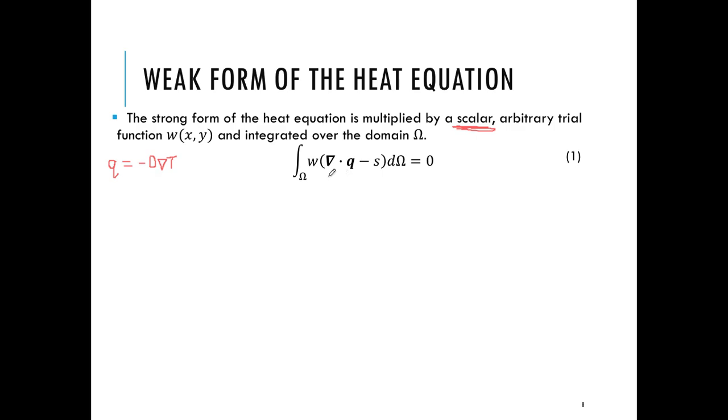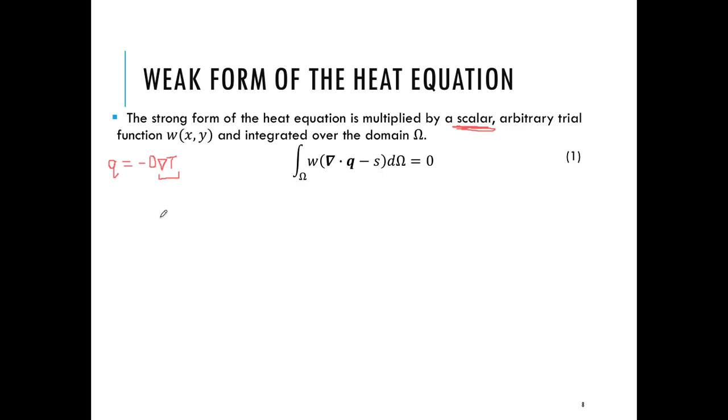Okay, so then we used to use our integration by parts to shift one order of differentiation from our field variable temperature onto the arbitrary trial variable W. So that is why we will do integration by parts.